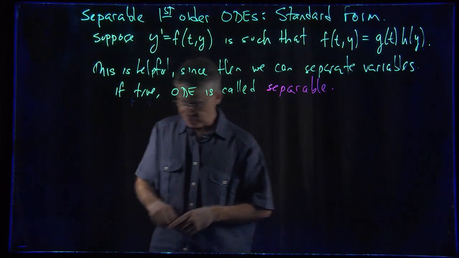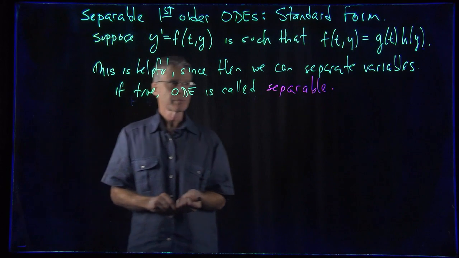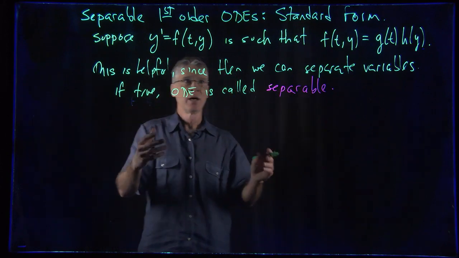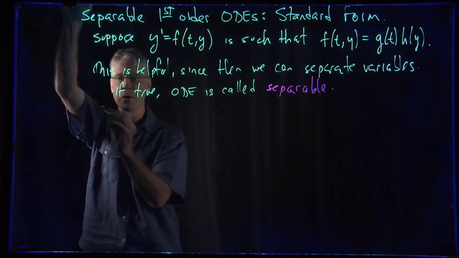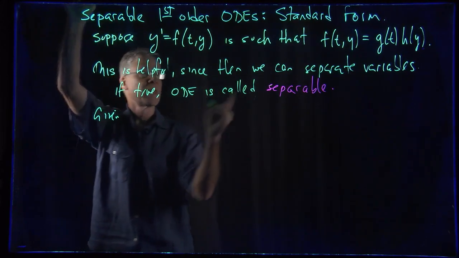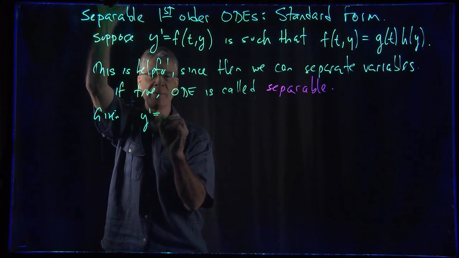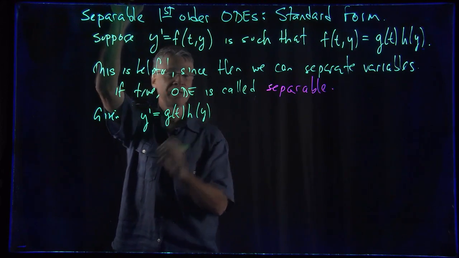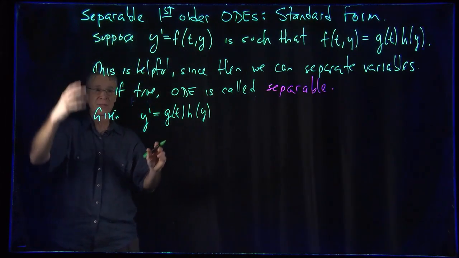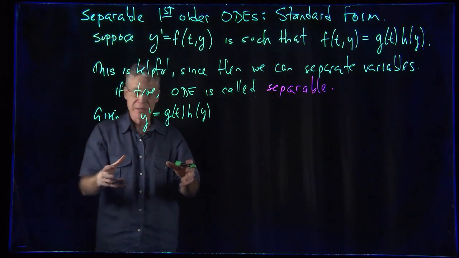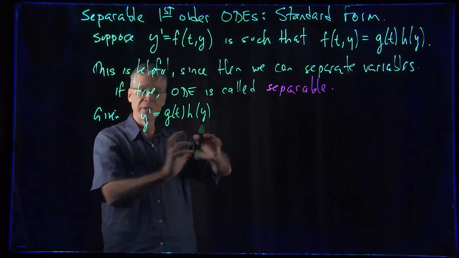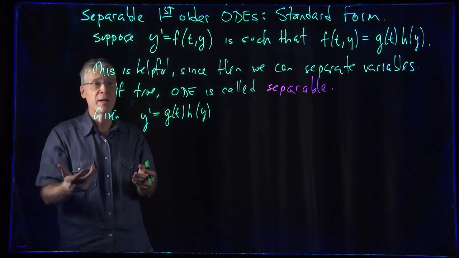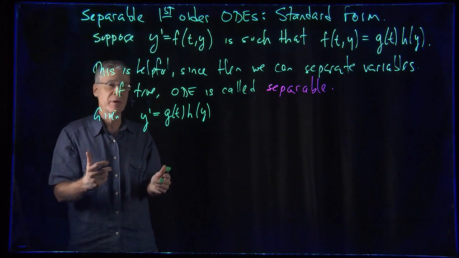And indeed, it's separable because of the way in which we can separate the variables. So given something like this, if we had a y prime, and we wanted to write that as g of t h of y, in essence, then we could actually write this so that we can put all of the t variables on one side, bring all the y variables, including y prime, on the other side. In essence, we've separated the variables.